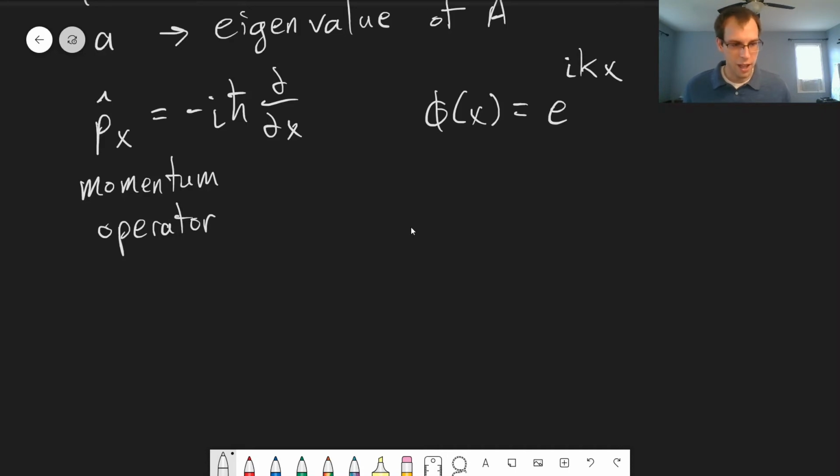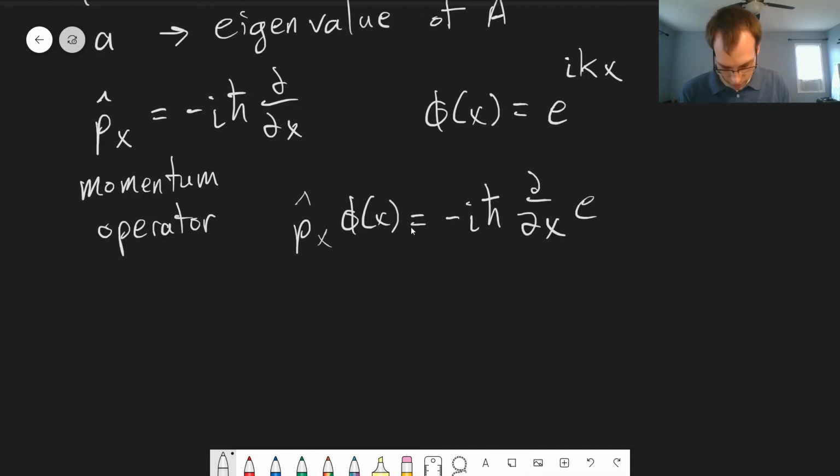Let's go through this eigenvalue equation and show that this really is an eigenfunction of the momentum operator. If we take p of x times phi of x, we should get a constant times our same function back. So let's do that. Negative i h bar, first derivative with respect to x of e to the ikx. The derivative of an exponential is these constants up here times that exponential again.